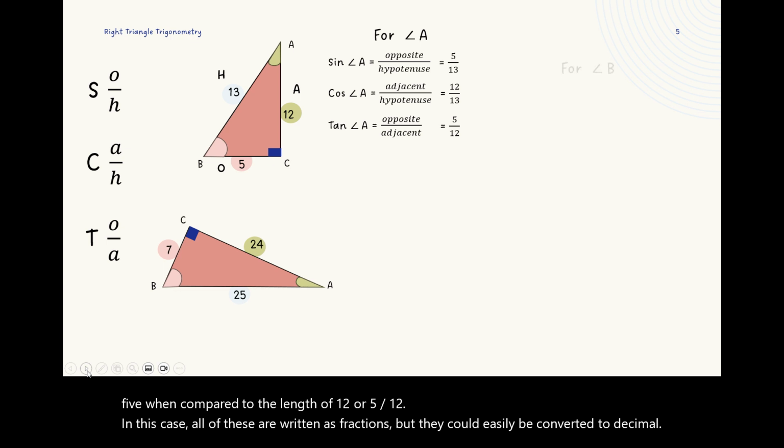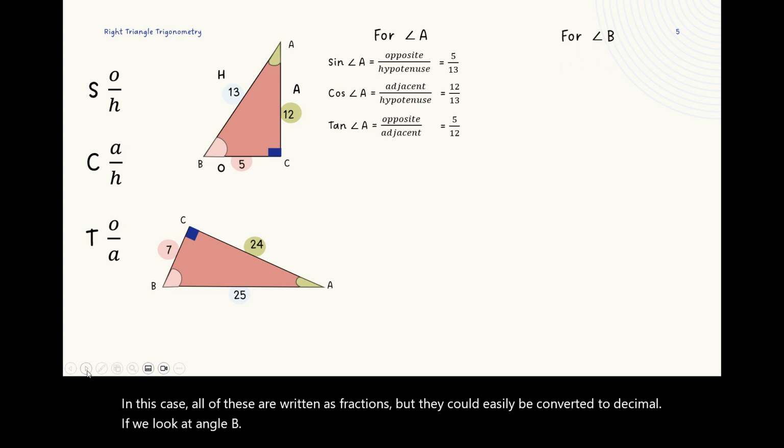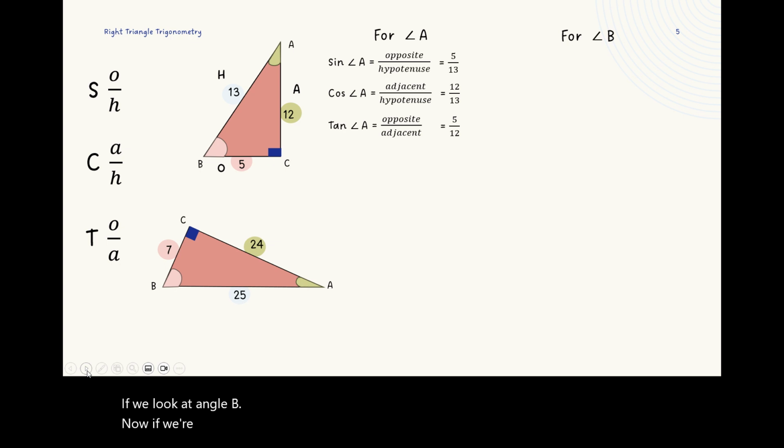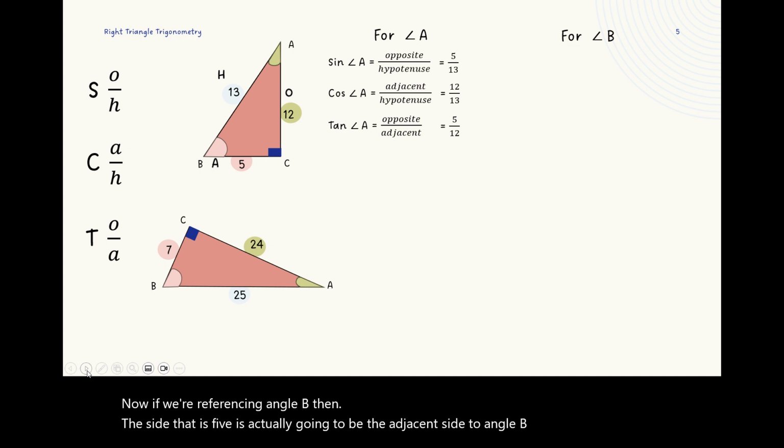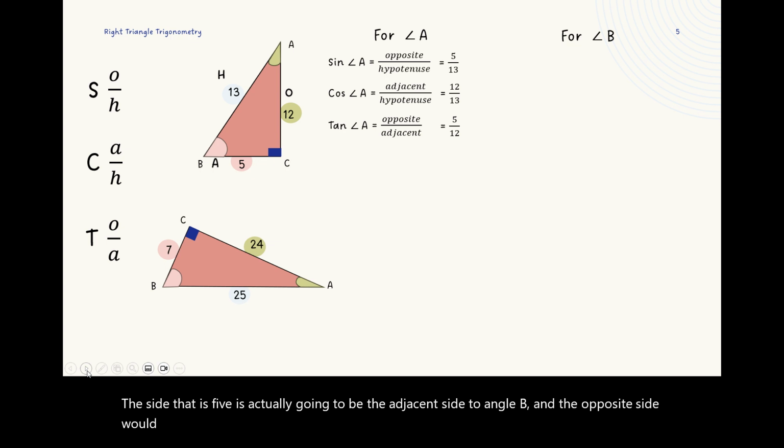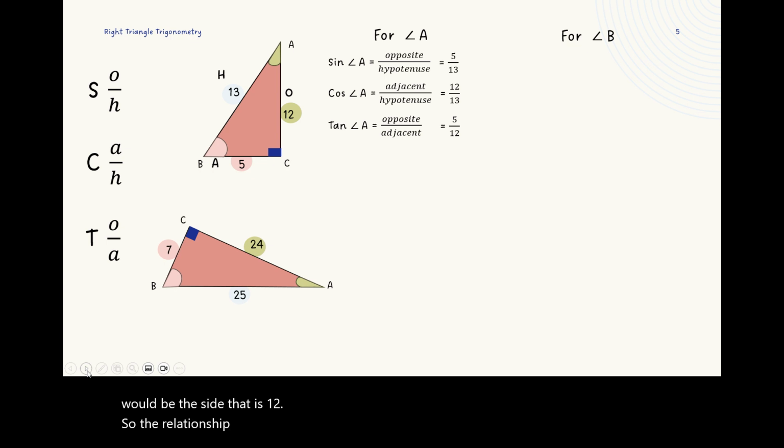If we look at angle B, now, if we're referencing angle B, then the side that is 5 is actually going to be the adjacent side to angle B, and the opposite side would be the side that is 12. So the relationship of sine, cosine, and tangent is dependent upon the positioning of the angle.